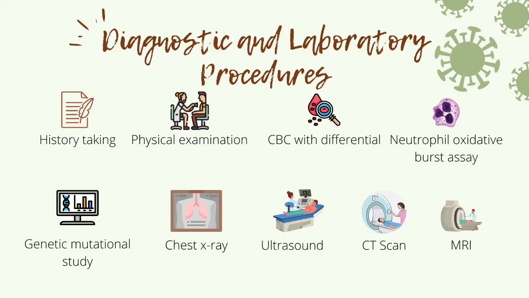So the diagnostic and laboratory procedures for phagocytic dysfunctions include history taking. Symptoms are heterogeneous, as the organs and systems affected depend on the phagocytic defect. For cases of neutropenia, severe and early onset bacterial infections are prominent.